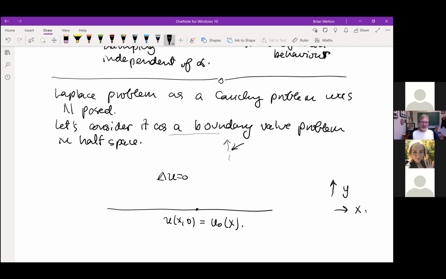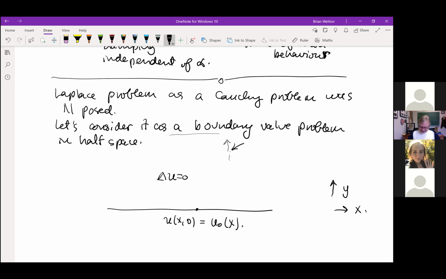Remember when we were talking about solutions with Bessel functions, for the modes in the unit disk, we needed an extra boundary condition at r equals 0, and we didn't have a value or a derivative or anything concrete. It was just that the solution was bounded there, because one of the homogeneous solutions was unbounded there.